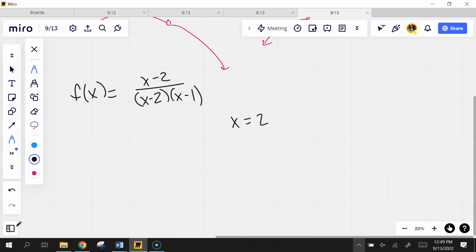X equals 2 is a hole because I can literally remove it from the equation, but I still can't put 2 in there because it's going to make the bottom go to 0. And I can't have the bottom go to 0. There can be more than one hole. But what happens there at the bottom? That's your vertical asymptote.